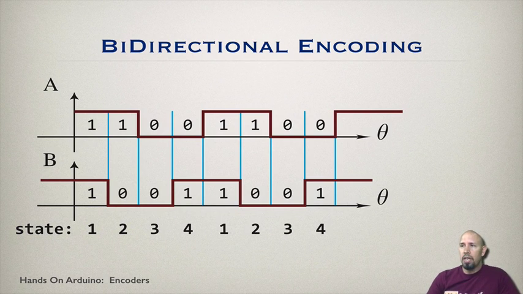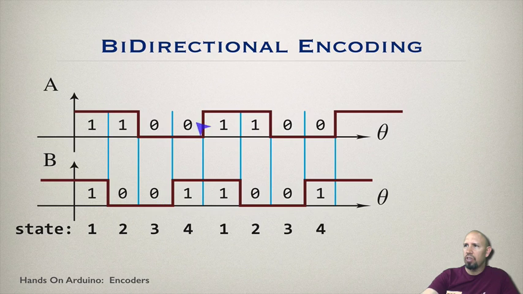1, 2, 3, 4. Sometimes we can choose a name that makes it convenient to work with things in other ways, sometimes not so convenient. We're going to start here with these names. State 1 always refers to the case when both A and B are 1. Notice here's a state 1, here's a state 1, and over here is actually a state 1, even though I haven't written it down. State 2 is when I have 1 and 0.